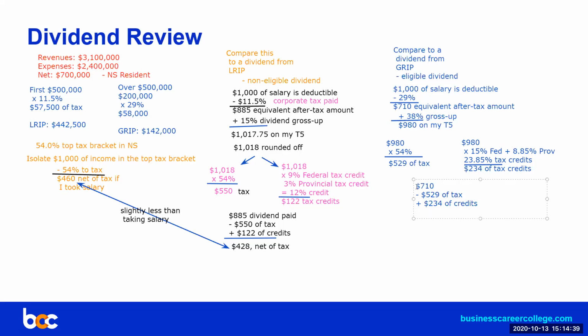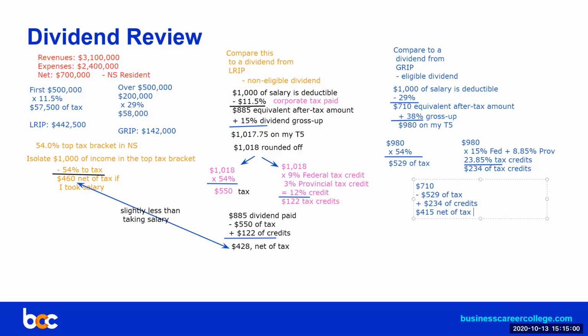And where do we end up? Anybody want to take a stab at where we end up here? Well, not great. Yeah, $415. So we're at $415 net of tax.